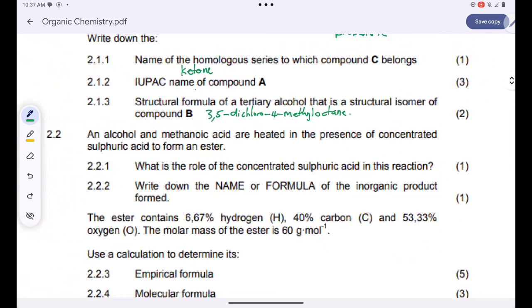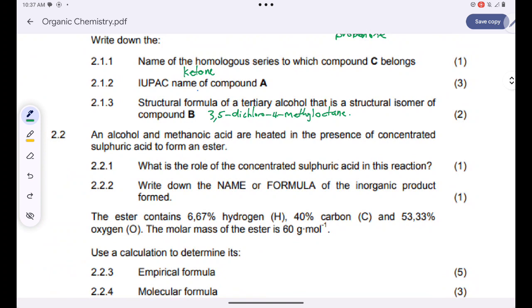Okay, an alcohol and methanoic acid are heated in the presence of concentrated sulfuric acid. What is the role of concentrated sulfuric acid in this reaction? This type of reaction is esterification altogether. The acid plays 2 roles.